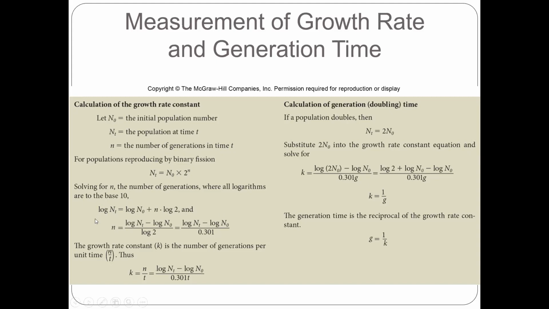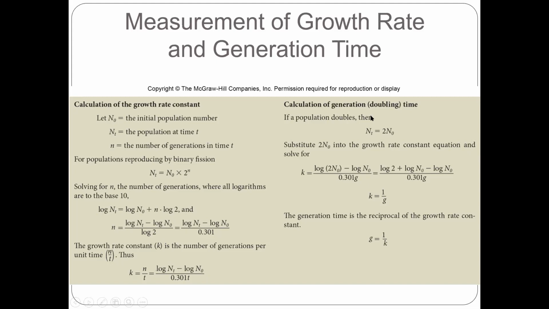So we usually change it to log 10. When you use log 10, you can do a simple math here, and log 10 of 2 equals 0.301. So when you do the transformation here, you will see the growth rate constant k equals this formula. Now, how do you calculate the doubling time?